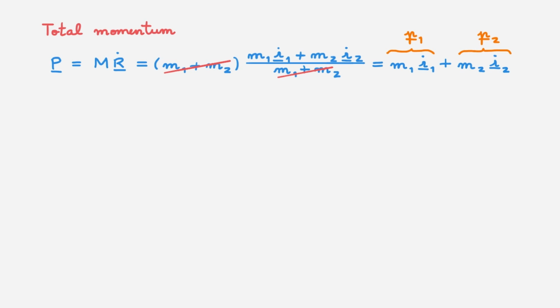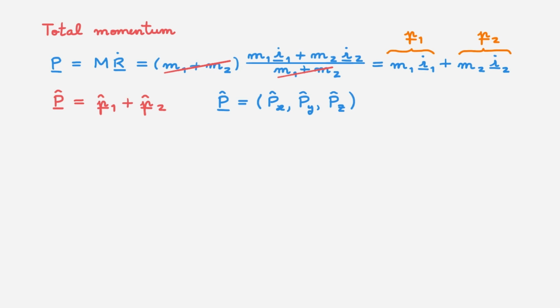By analogy, we'll now define the total momentum operator in quantum mechanics. We also label it with a capital P and set it equal to the sum of the individual momenta of the two particles. And again, remember that this is in reality a collection of three different operators.